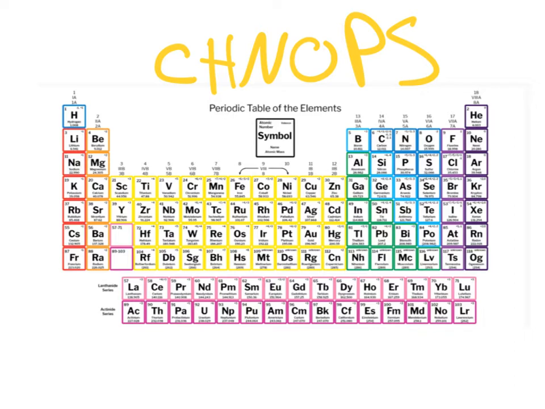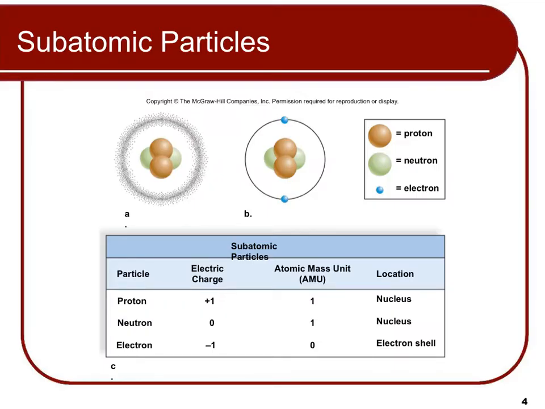So, we're going to talk about what this number up here means, the top number, and what that bottom number means, because those numbers are very important depending on how many protons and neutrons are in the atom. So here is your subatomic particle, an atom.